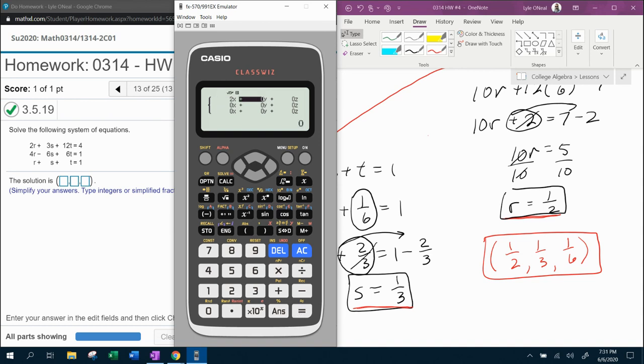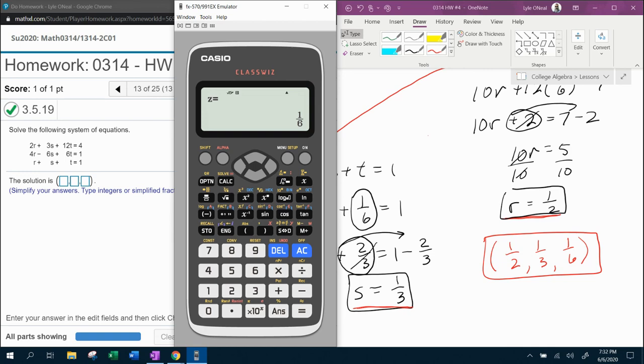So the first equation is 2R plus 3S plus 12T equals 4. Second equation, 4R minus 6S plus 6T equals 1. And the last coefficients are 1, 1, 1, and 1. And check it. X, remember, which is R, is a half. Y is a third. And Z is a sixth.